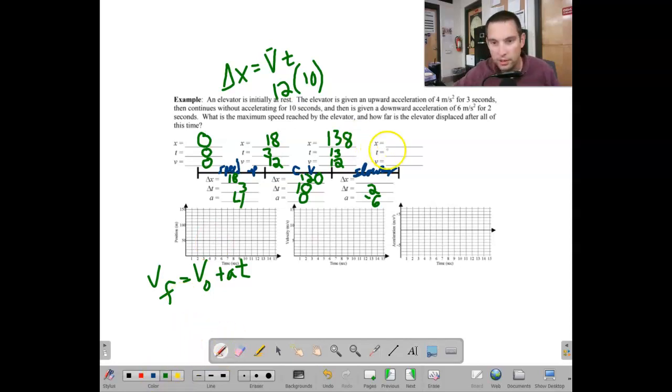Eventually, we will come to rest, so we'll set our final velocity to be equal to 0 here. We know it started out at t equals 13, plus 2 more seconds, t equals 15. Now we just need to find this last displacement, and then we can add that to our previous position to get our final position along the y-axis in this instance.